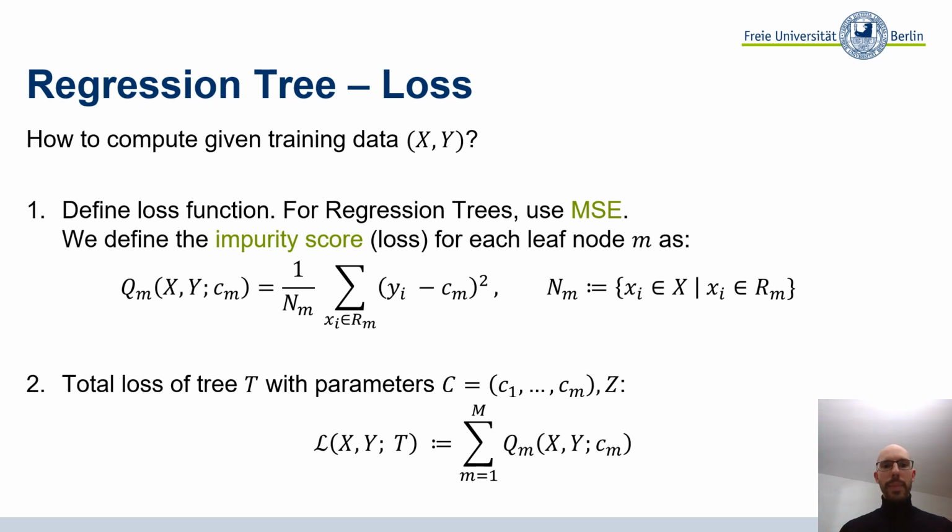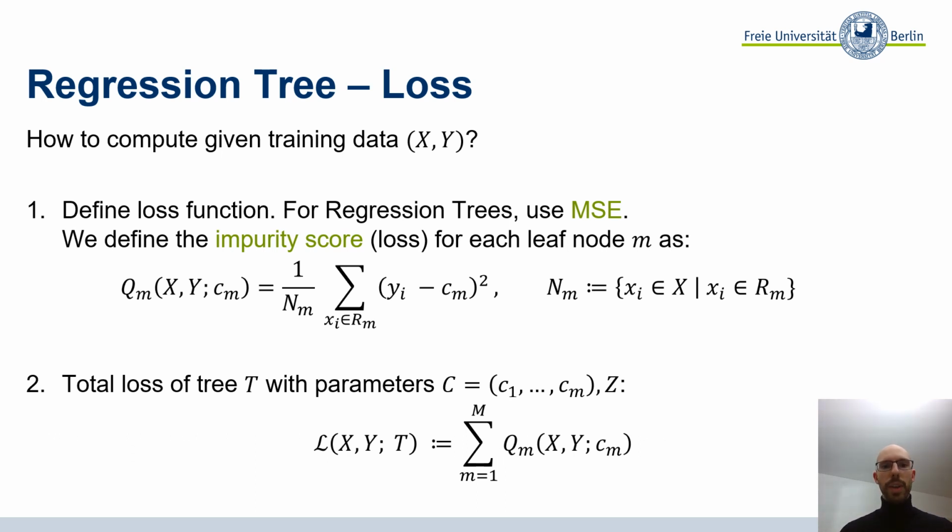We look at all points from our training data which lie within a certain region Rm for this leaf node m, and then we look at the squared deviations of the prediction of this leaf node from the actual values of the training points within that region.